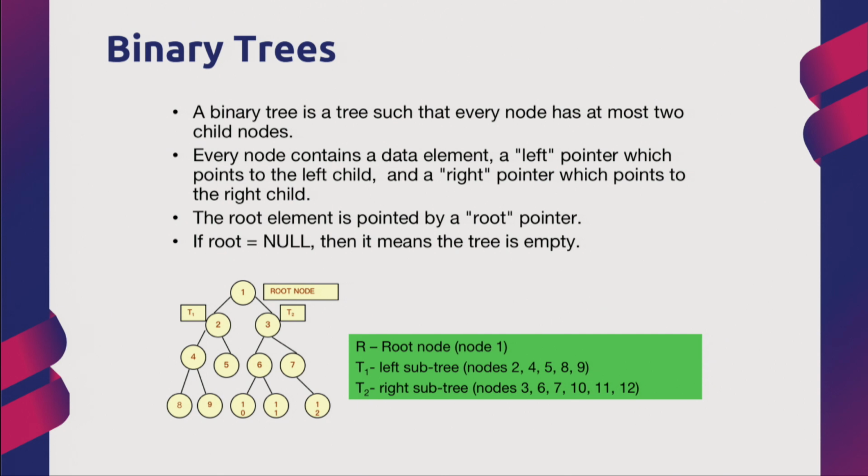So when you say a subtree as a whole, then it includes, say for instance, if I say the left subtree, it includes the set of nodes like 2, 4, 5, 8 and 9. And when you take into account the right subtree, it includes all the set of nodes that are descendants of the node with the value of 3. So here in this diagram, you could see that 6, 7 and 10, 11, 12, all these are nodes, and they are naturally descendants of the node with value 3, and so all of them make up the right subtree.